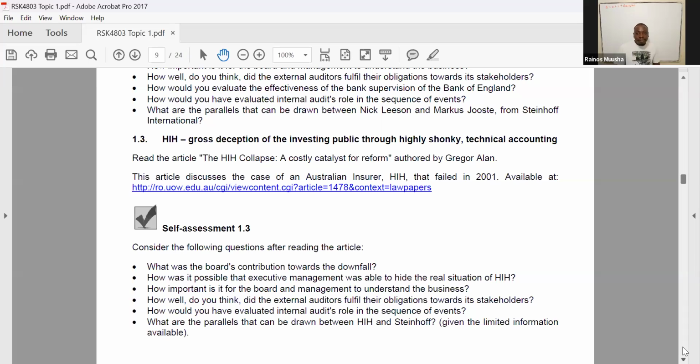They were also being paid for the advisory function as well. So which means that there was quite a bit of transgression when it comes to the roles and responsibilities that were being given there.